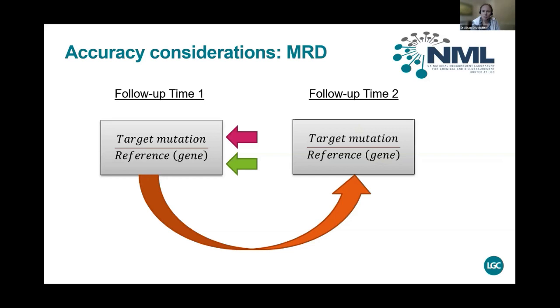And then in terms of the follow-up, you've also got the comparison between the levels of the target marker at the first time point and then at the second time point. So again, you've got another ratio measurement where the log 10 scale is obviously important for the clinical decision making and diagnosis of whether the disease is progressing or not.